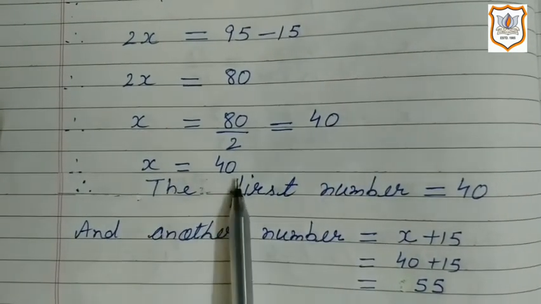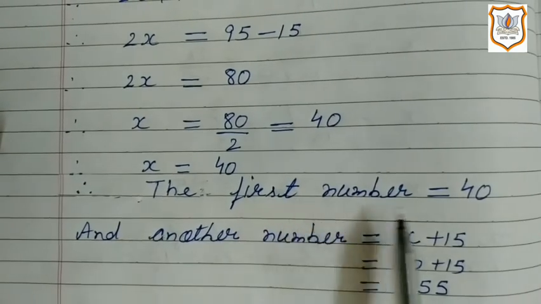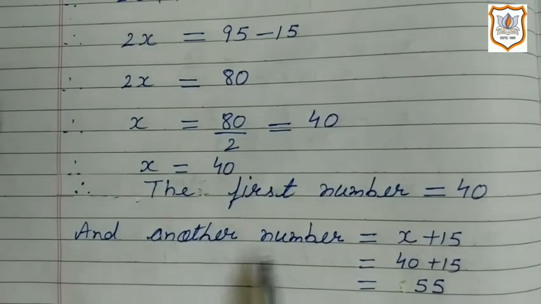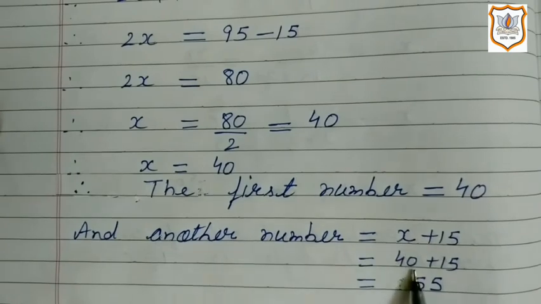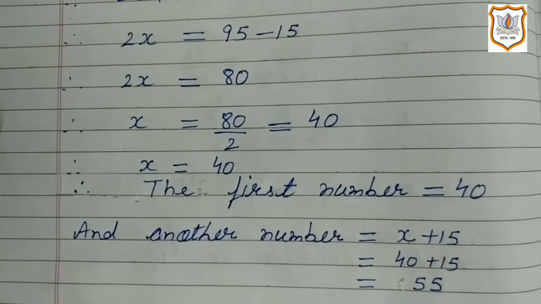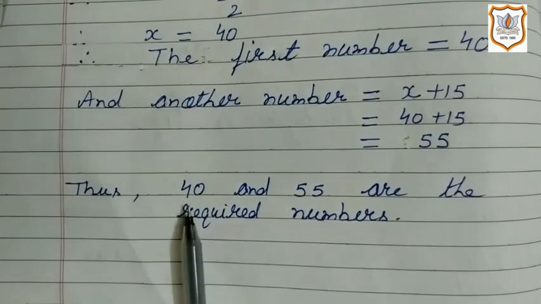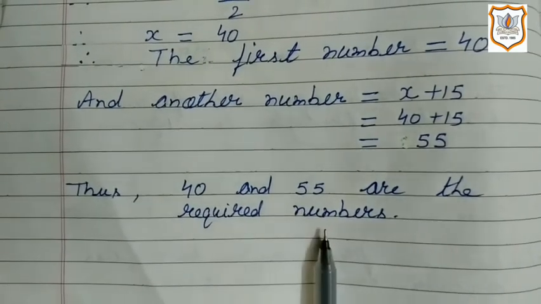X is equal to 40. X is the first number. The first number is equal to 40 and the other number is equal to x plus 15. X is 40, so we write 40 plus 15 is equal to 55. Thus 40 and 55 are the required numbers.